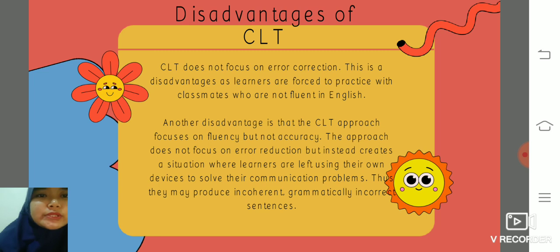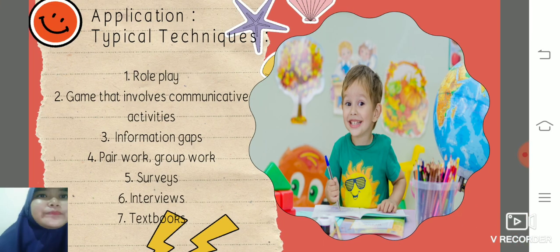The approach does not focus on error reduction but instead creates a situation where learners are left using their own devices to solve their communication problems. Thus they might produce grammatically incorrect sentences.